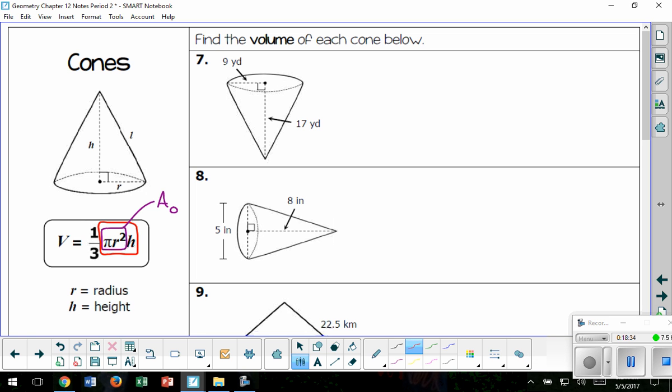Wait, you said the area of the cylinder? Yeah. Sure? It is a cylinder, but it's not area. Oh, volume. There you go. The volume of the cylinder. And the reason it's volume is because of that h.